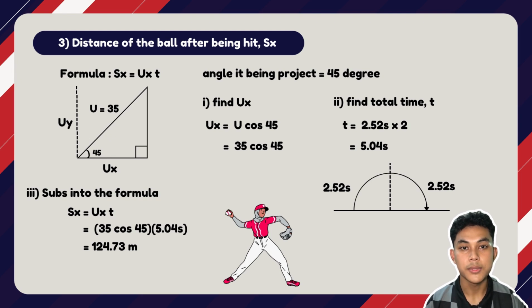We multiply the t by 2 to get the total time because the 2.52 seconds is half of the full projection. Lastly, we substitute back the Ux and total time into the formula and get the total distance is equal to 124.73 meters.